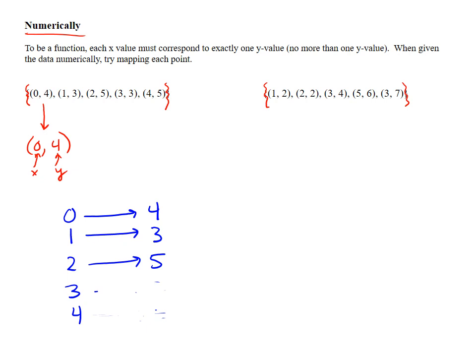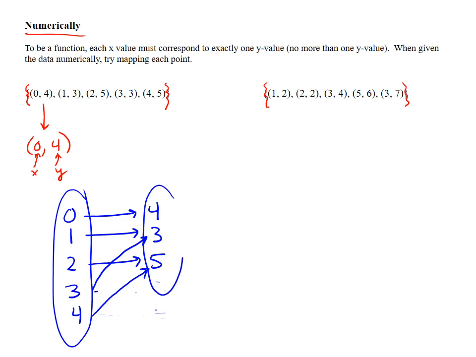So because 3 goes to 3, I could actually write 3 going to this 3, and I could have 4 going to this 5. Now, what we have here is each x value getting mapped to a y value, and they each get mapped to a single y value. So this is a function.